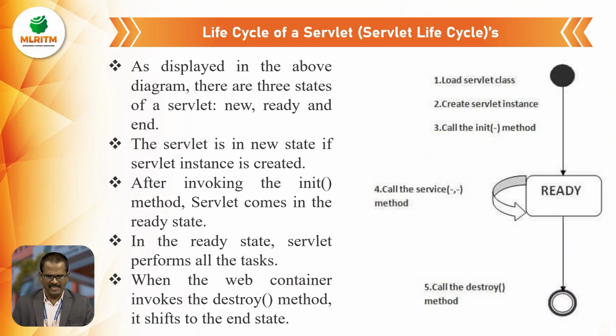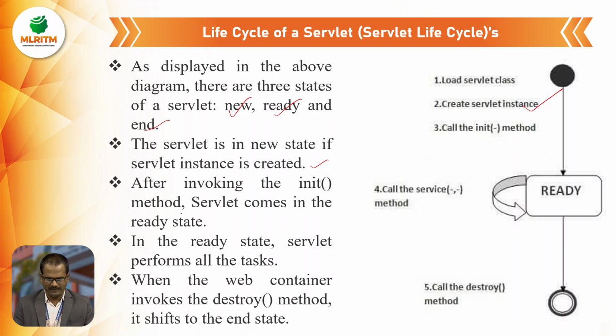As displayed in the above diagram, there are three states of a servlet: new, ready, end. The servlet is in the new state if the servlet instance is created. When the instance is created, the state is new.